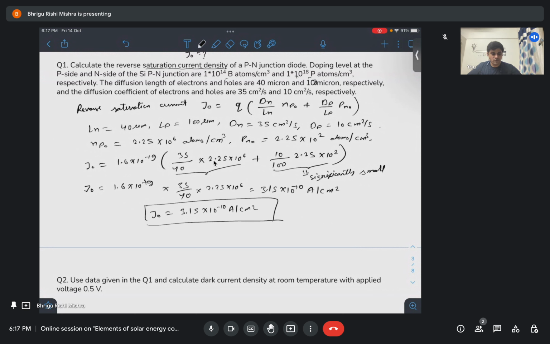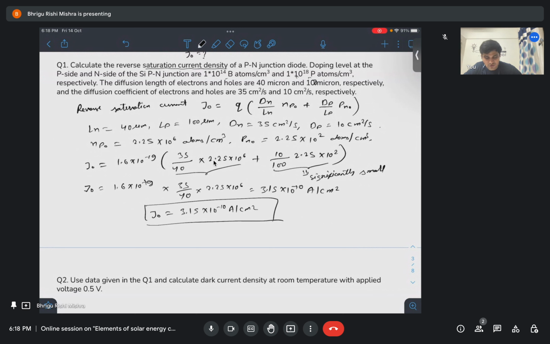Okay, so we just put all the values in the formula. We haven't done much. It's just a simple formula based question. Here we just need to know which value belongs to which parameter, which variable.